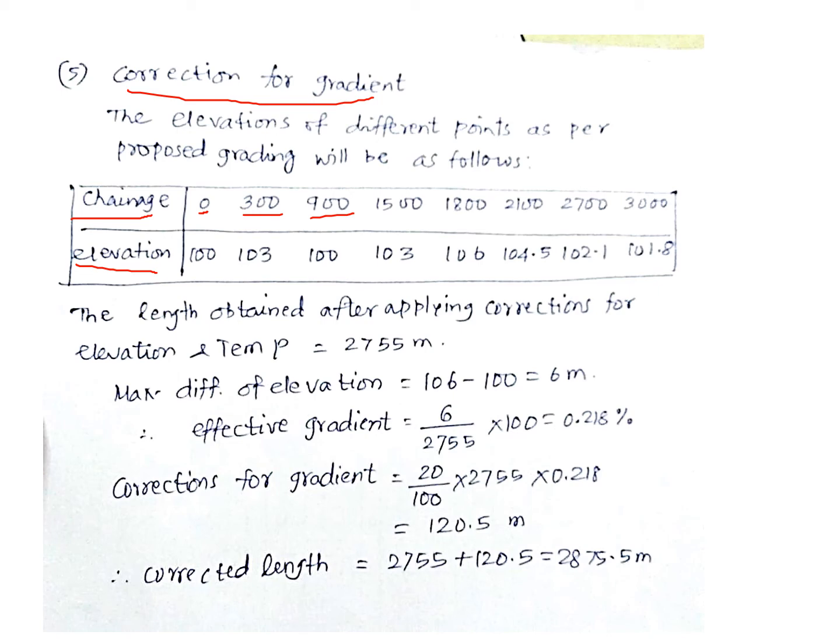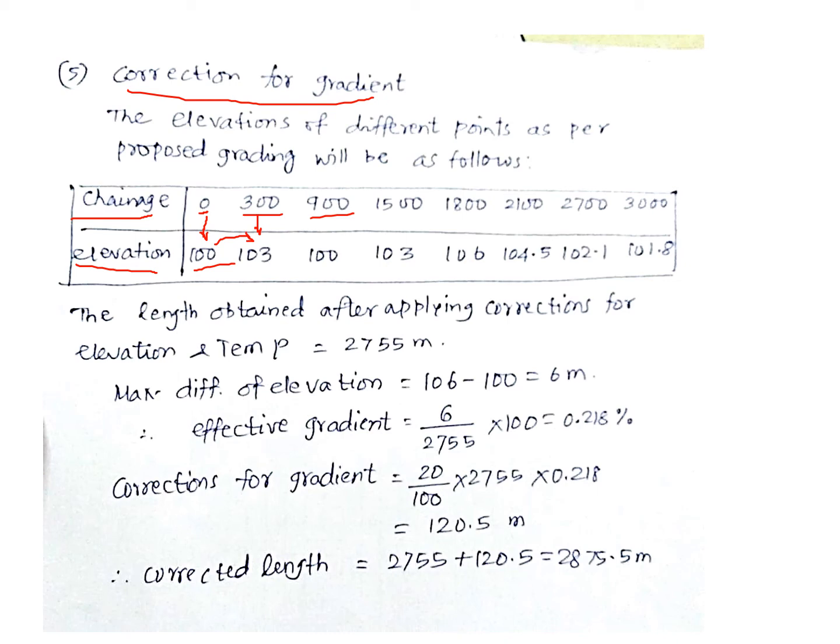To start with, for the 0 chainage, you can consider any RL value. If I assume 100 meters, you can take any value, either 100 or 10 or 50. Next, after 300 meters the rise will be plus 1%, which means over 300 meters a 1% rise is equal to 3 meters. So the level is 100 plus 3, equal to 103 meters.